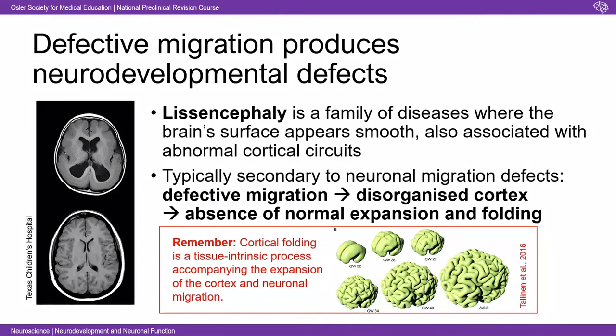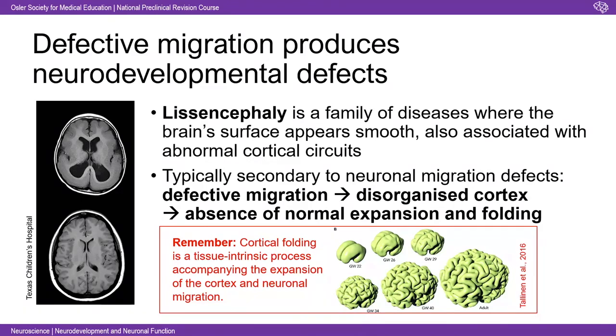Now, I need you to remember at this point that the folding up of the cortical surface to form sulci and gyri isn't like a patterned program, if you like. Rather, it's simply a function of an expanding surface area in a limited amount of space.